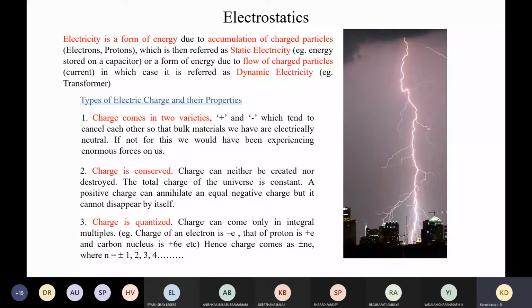And of course, charge is conserved, which means you can't create or destroy it. In other words, it is one of the fundamental natures of the universe itself. All charges are quantized, and we can also have charges in a particular line form, or in terms of a volumetric consideration, which will be considered as continuous charges.